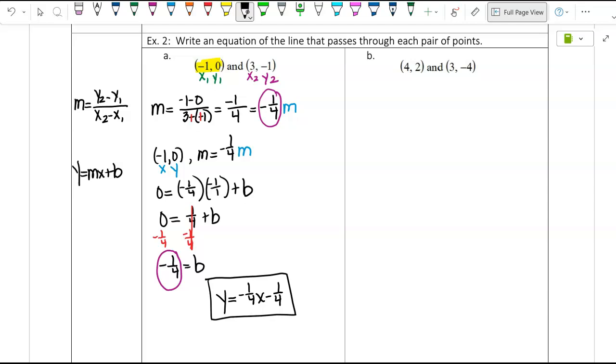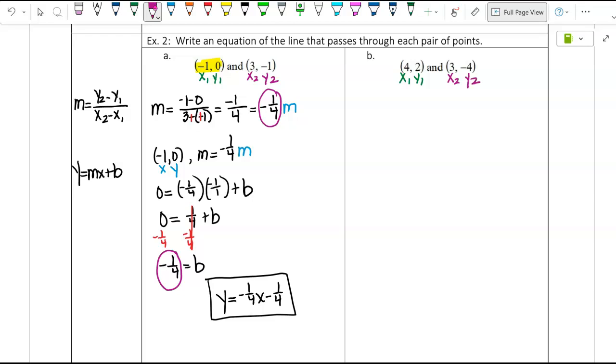So it's just one additional step from what we were doing above in the last set of problems. So again, on problem B, our (4, 2) is our x1, y1, and the (3, -4) is our x2, y2.